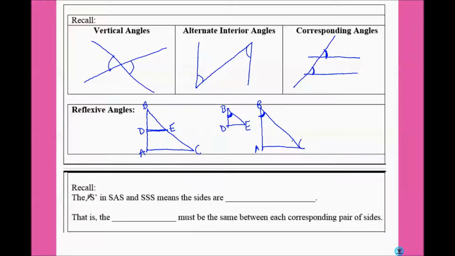And the last reminder, when you see an S in SAS or SSS, it means the sides are proportional, not congruent, which means the ratio must be the same between each corresponding pair of sides.